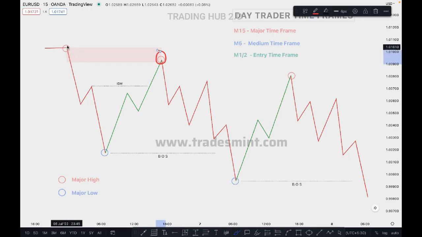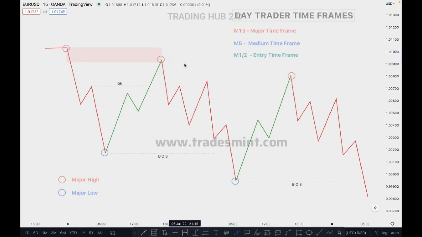This one is our M15 major high or low; the market breaks the structure, takes out this inducement and taps on the supply zone. Then you have to follow the entry time frame, which is applicable here. Correct. So this is our first scenario when we can apply the entry time frame 1.